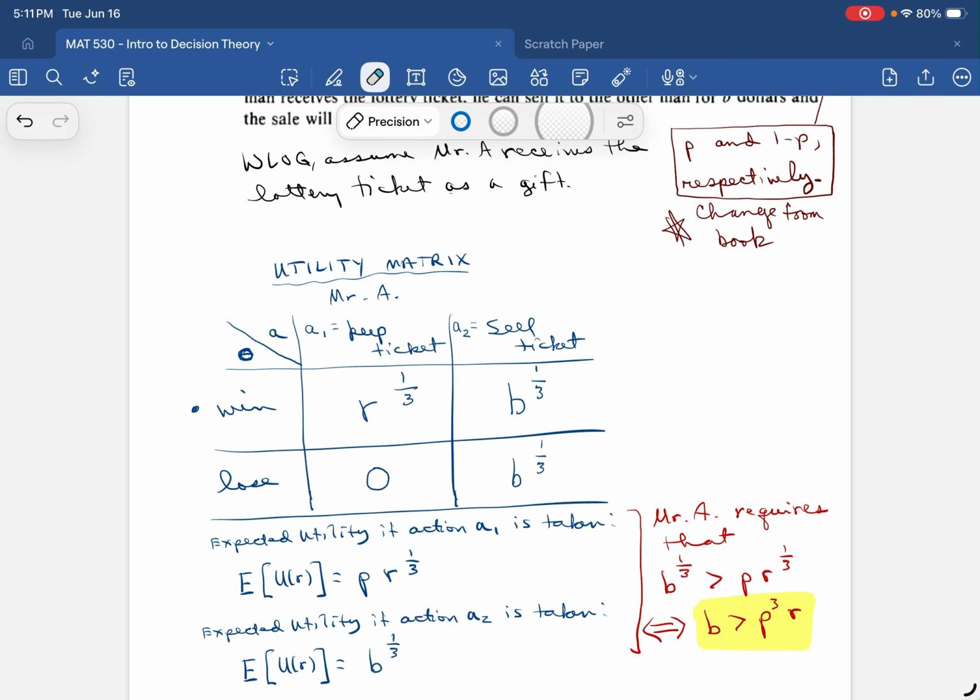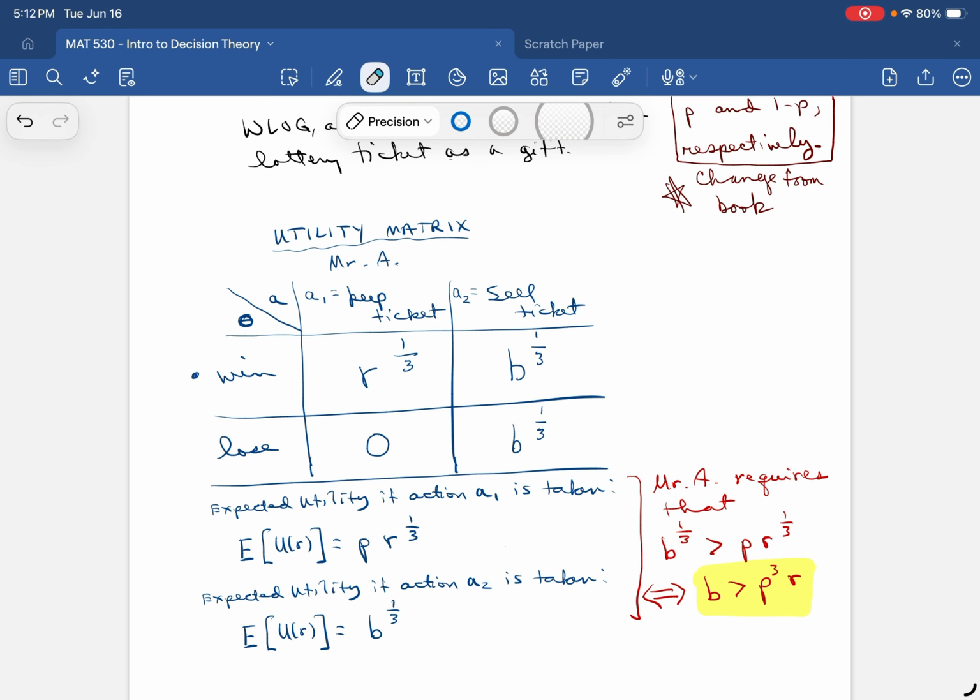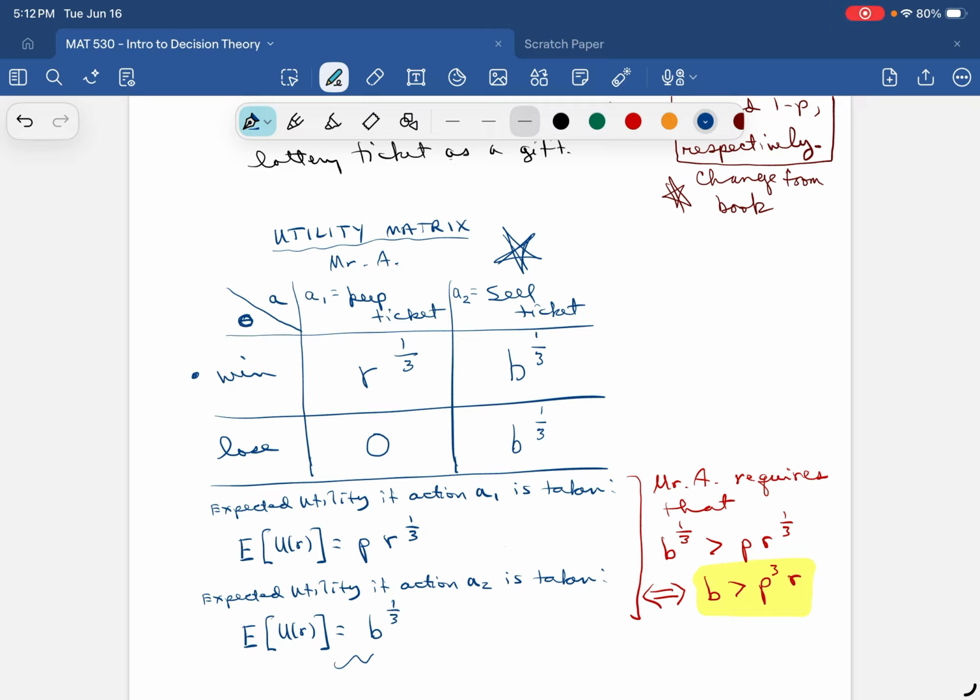In order for the sale of the ticket to be advantageous to Mr. A, so in order for him to decide that what's best is for him to sell the ticket, the expected utility for that action would have to be bigger than the expected utility for the other action.